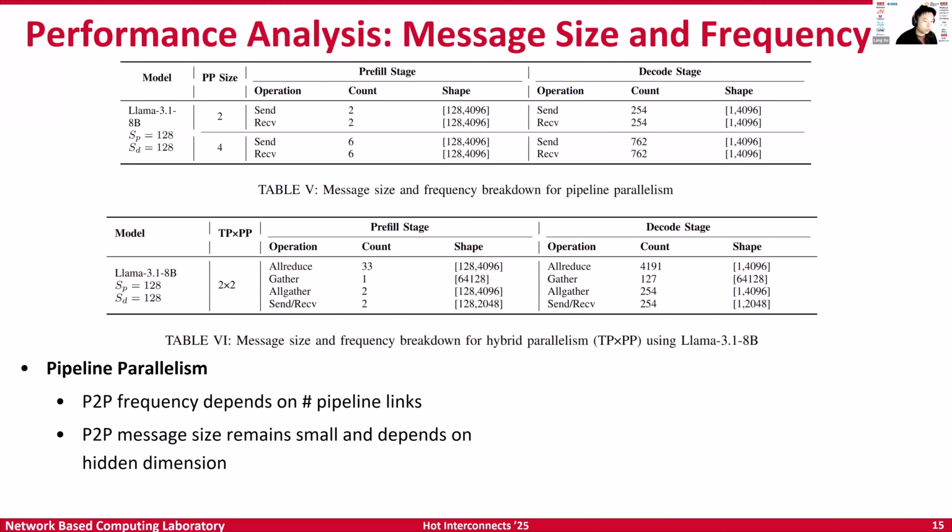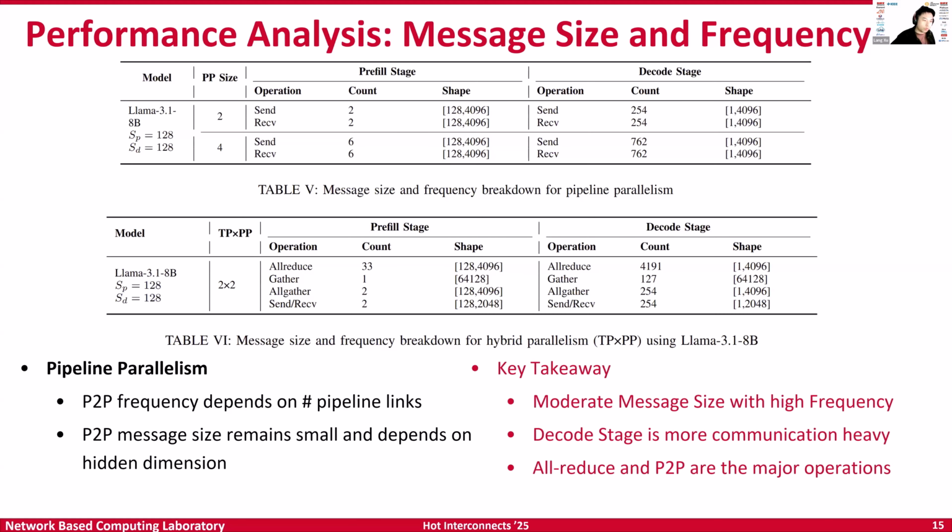Compared to a TP of 4, we have reduced costs, and additionally we have an AllGather and a send-receive cost. For pipeline parallelism, the frequency of point-to-point send and receive communication really depends on the pipeline links. The pipeline message sizes remain pretty small, and really depend on the hidden dimension size.